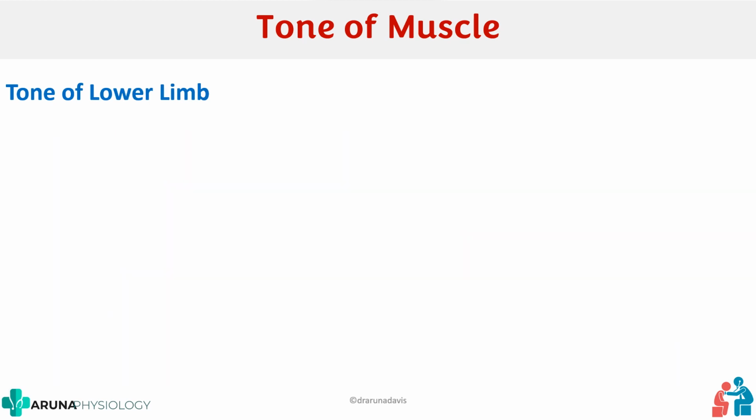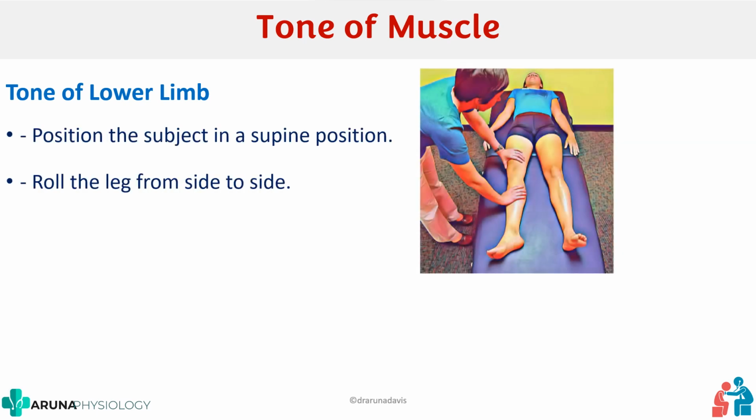What about the lower limb? How will we check for the tone of the lower limb? For that, we can ask the subject to be in the supine position, and then you can roll the leg from side to side. You can hold the leg like this and then just roll it from side to side. When you see the angle at which the feet is moving, you can know whether it is hypertonic or whether it is normal.